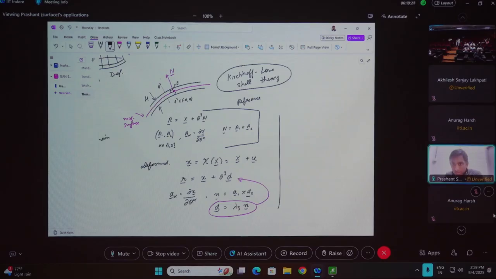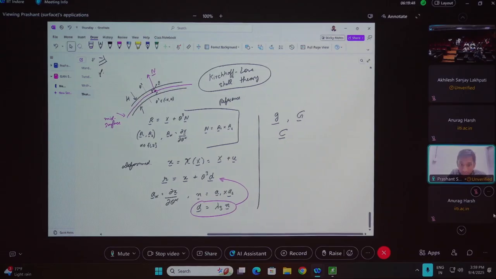You can calculate the covariant basis vectors G and capital G in the reference and current configurations, and calculate the right Cauchy deformation tensor or the left one. So for the case of the Kirchhoff-Love shell, again, let me tell you another approximation that we use here.